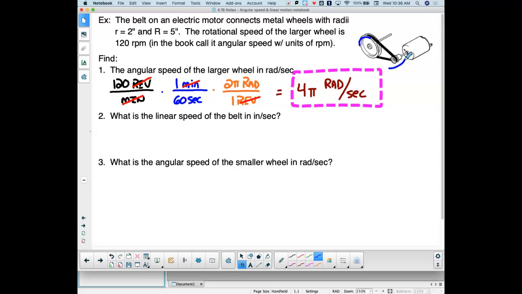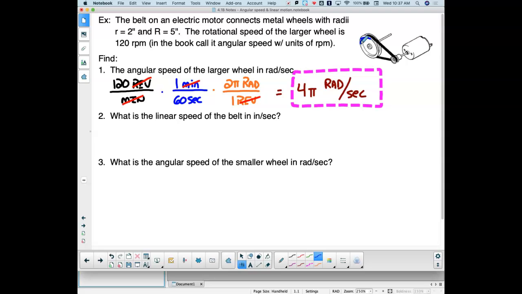So with that being said, we need to find the linear speed of that belt. Well, that belt is going around this big pulley right here, and that big pulley is spinning at 4 pi radians per second.